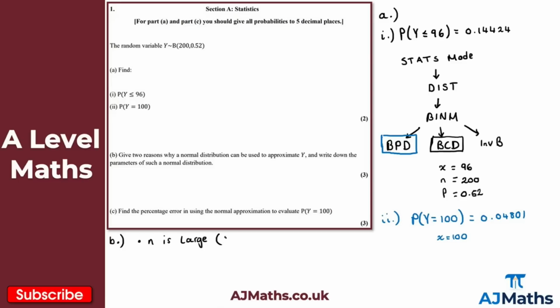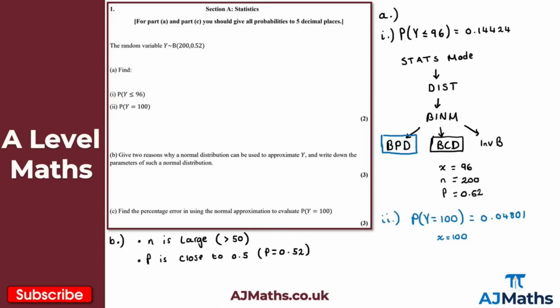We're just going to say it's greater than 50 here. And the other condition here is that our probability is close to a half or 0.5. So we've got 0.52, that's close to a half. So P is close to 0.5. Let's put in a bracket here. We've got P equals 0.52 here. That just makes that a little bit clearer. Okay, so that's the 2 conditions there.